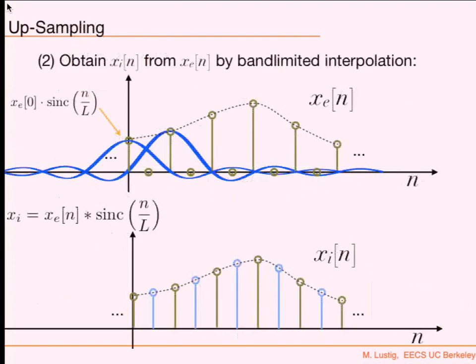Now, in the second stage, we take this x sub e and low-pass filter it. We create this impulsive signal, and now we low-pass filter it using a sinc interpolation. For every sample, we place a sinc in a very similar way to how we went from digital to continuous time.